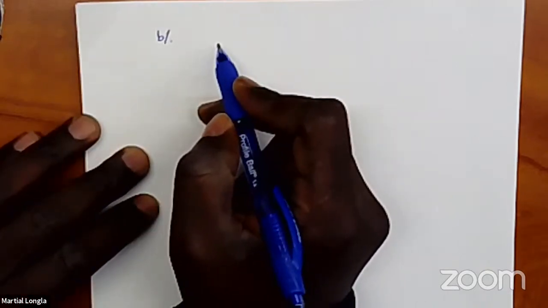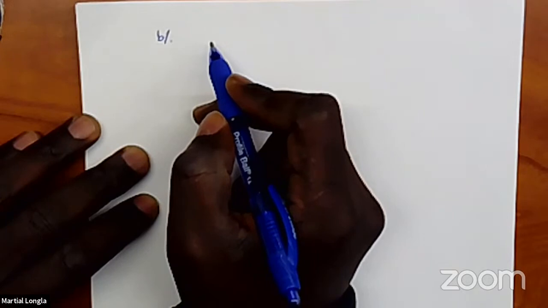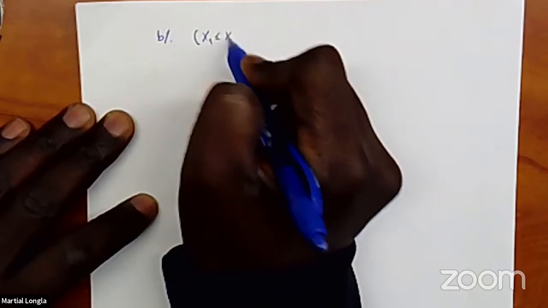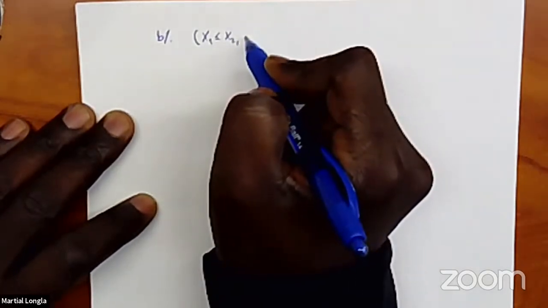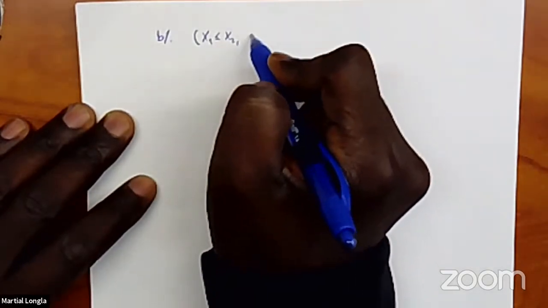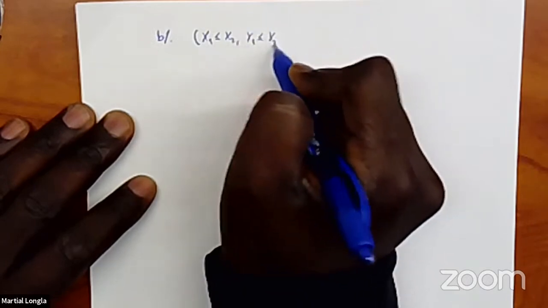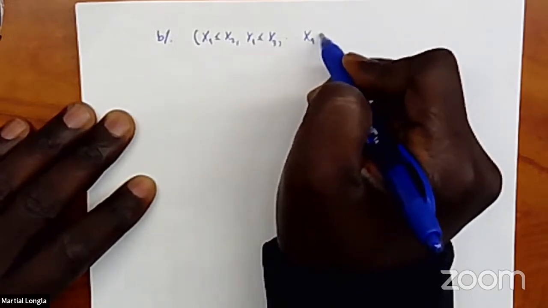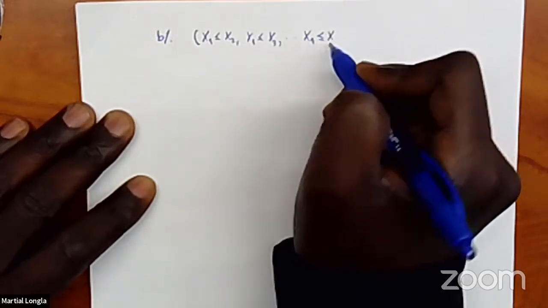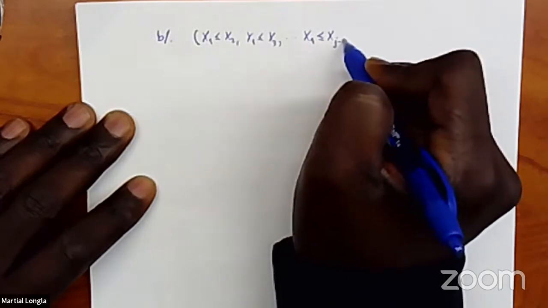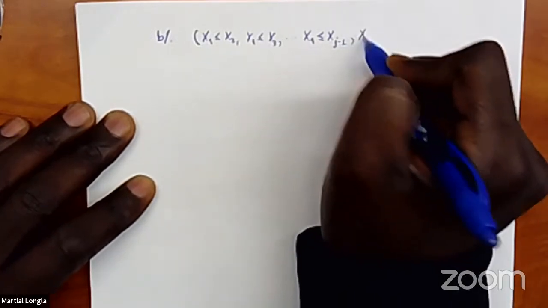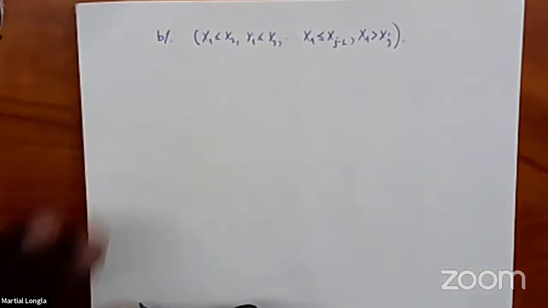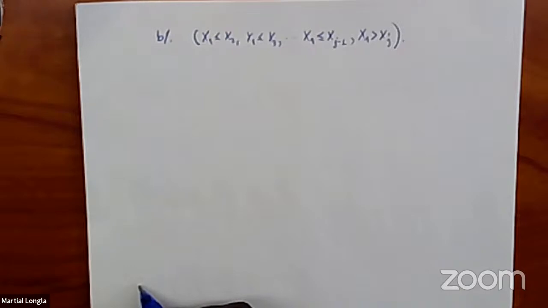So x1 less than x2, x1 less than x3, and all the way down to x1 less than x(j minus 1), but x1 is larger than xj. That's what the statement means.